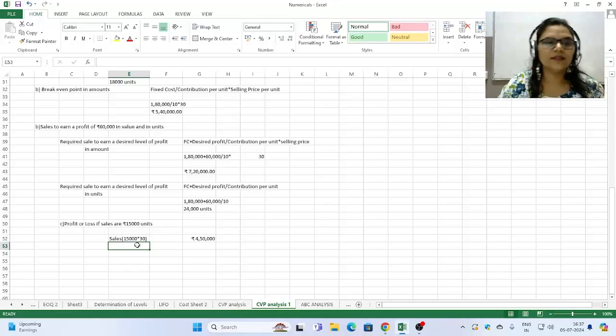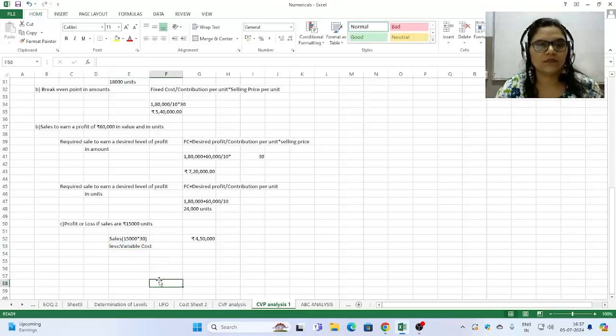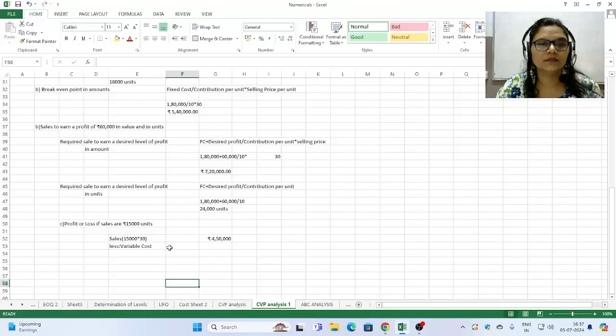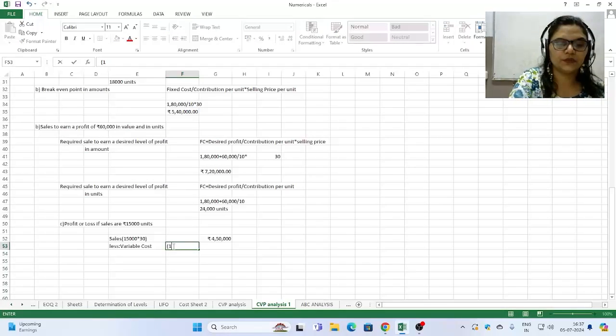Next is less variable cost. We will again calculate variable cost for 15,000 units as we are given the variable cost per unit.